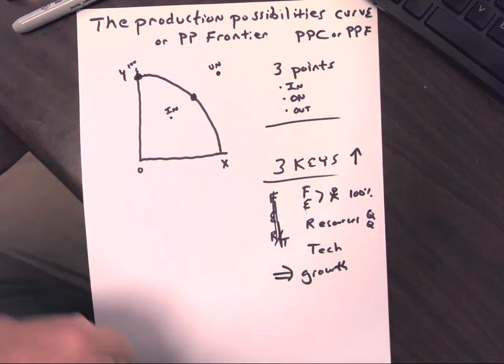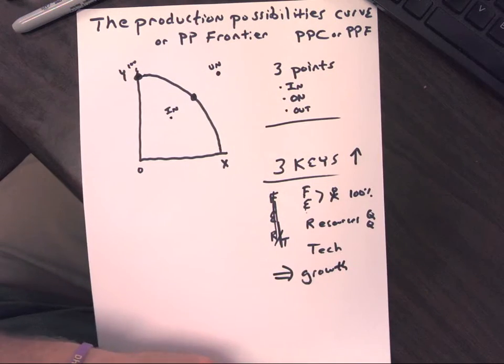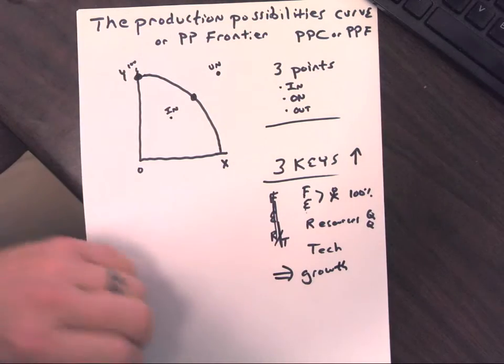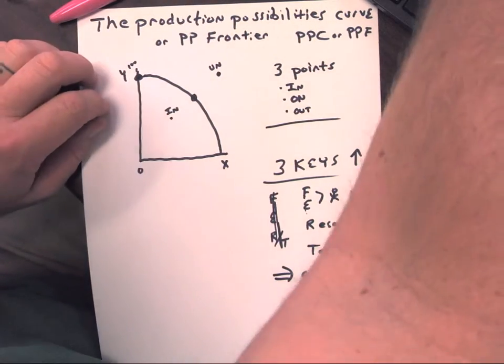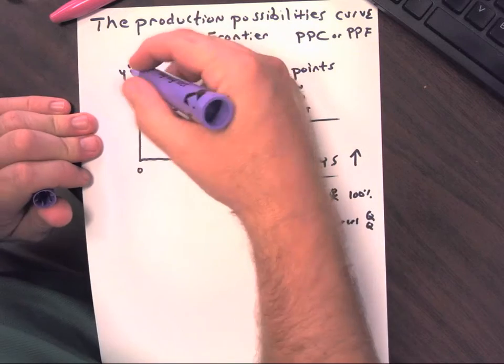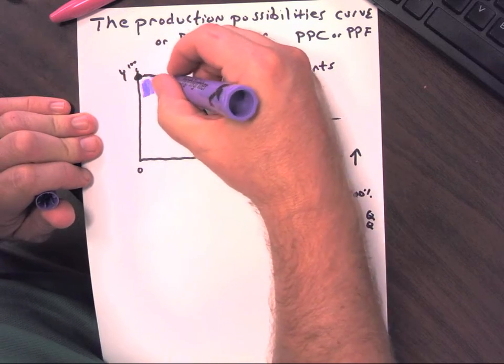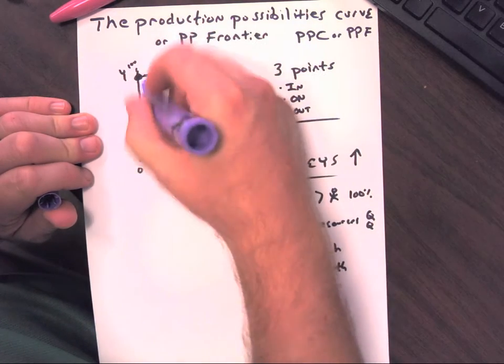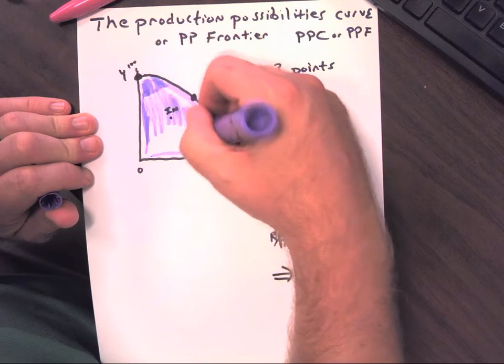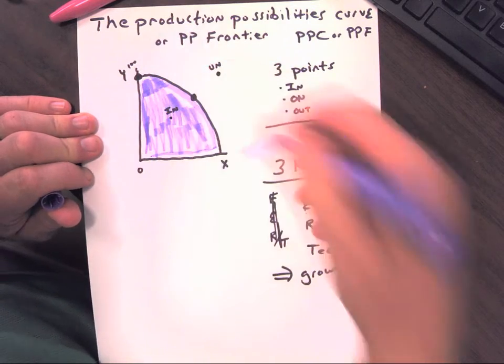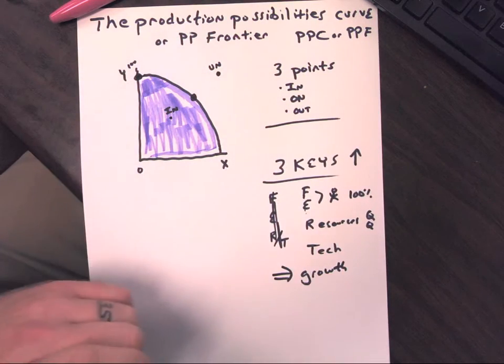So imagine everything inside of this curve is all the GDP we could make. So all this purple is GDP.